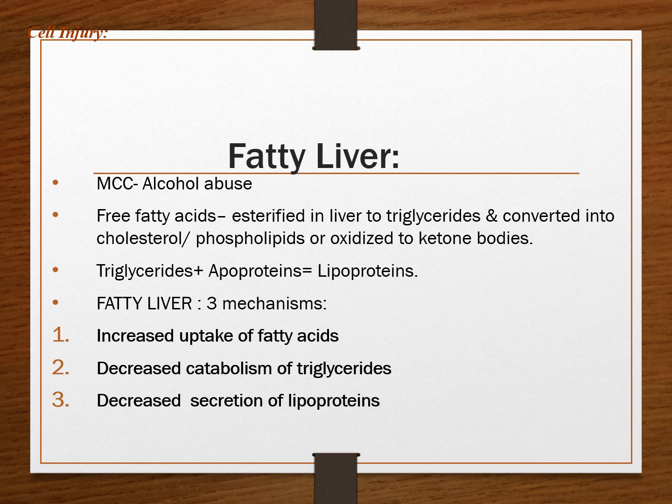Fatty liver occurs because of three mechanisms. One is increased uptake of the fatty acids, second, decreased catabolism of triglycerides, and the third is decreased secretion of lipoproteins. So, increased fatty acid uptake, decreased triglyceride catabolism, or decreased lipoprotein secretion results in fatty liver.